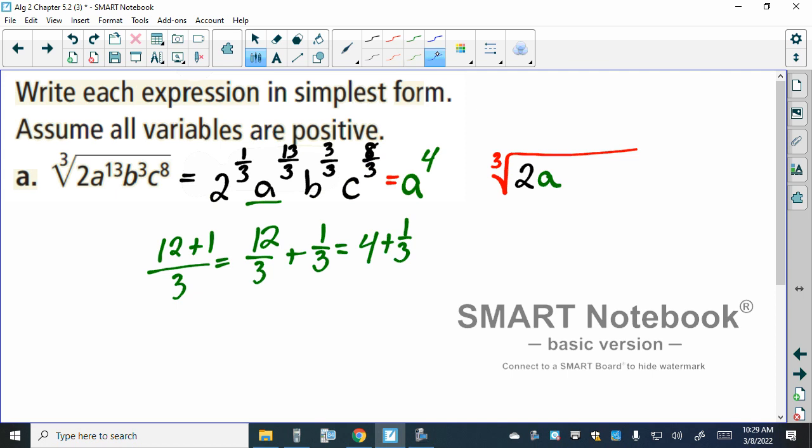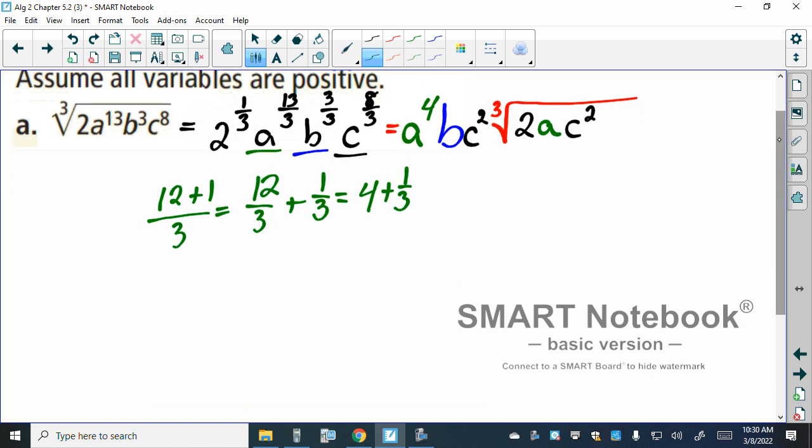And I think the one that y'all like out of all these up here besides 2 is this next one, b to the 3/3, which is just b on the outside. And the last one, c to the 8/3. Because we can look at it the way we did for a, or for every group of 3, I'm going to take 1 c out.